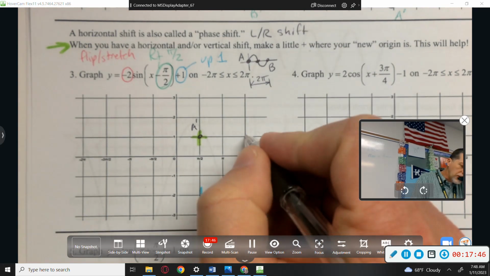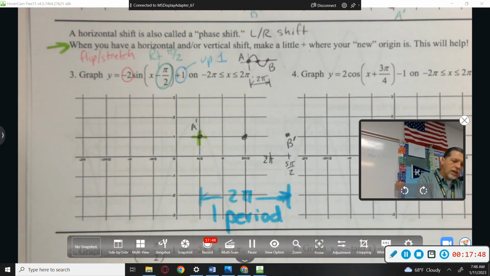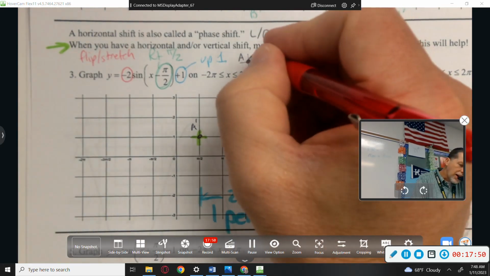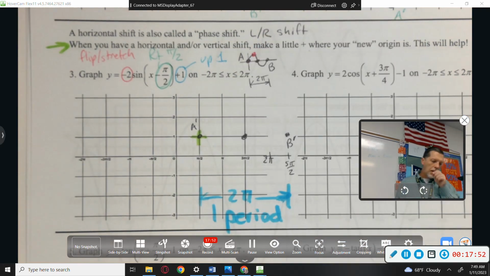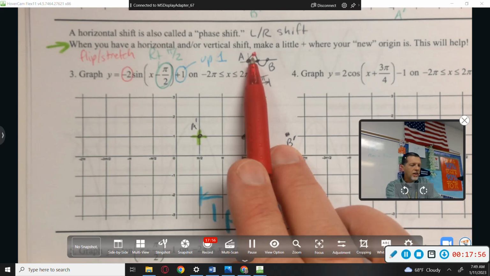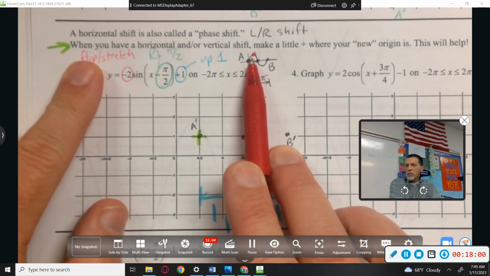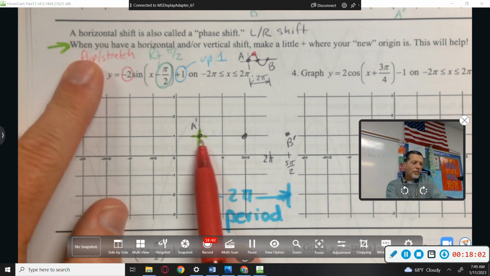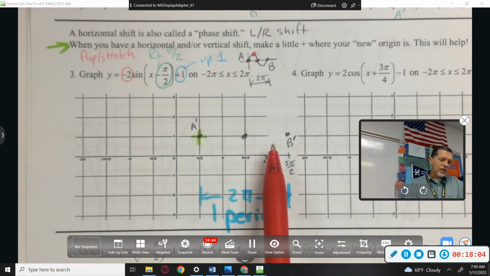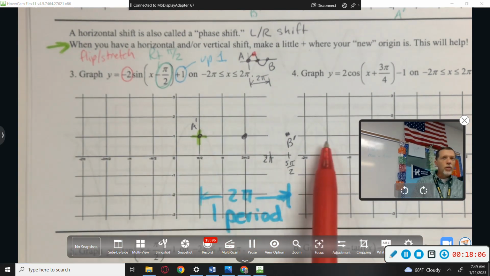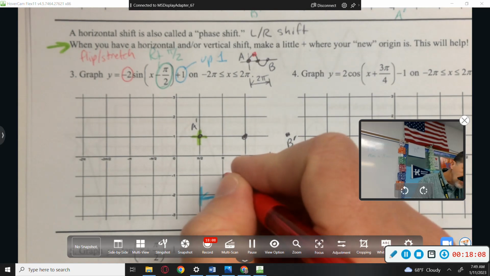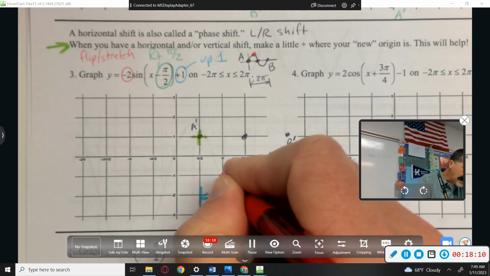The middle point would be right there. There's a maximum. Although I need to be careful, because that maximum right there has been flipped and stretched. So it becomes a minimum. And how far away from the midline is it going to go? 2. 2 away from my midline. So it's down here. Not at -2.